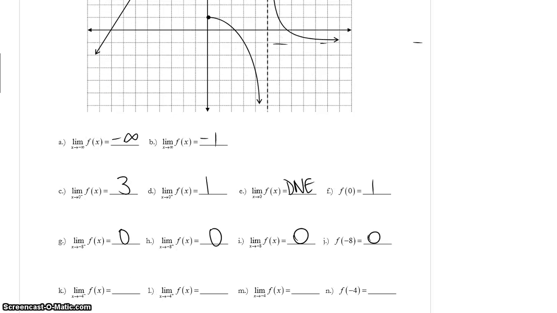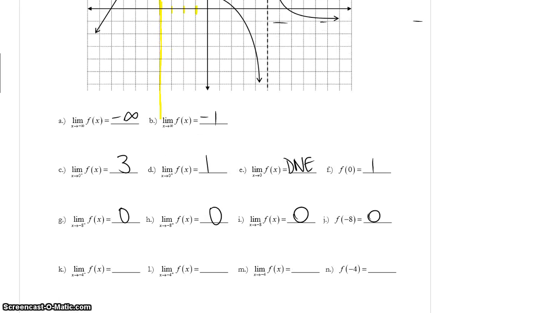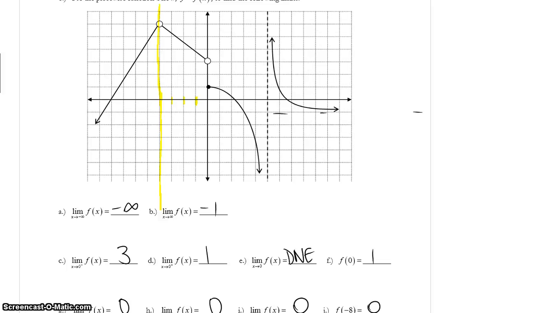And our next one is the limit as x approaches negative 4. So let's see where negative 4 is. We've got 1, 2, 3, 4. So here's my negative 4. As x is approaching negative 4 from the left, you get 1, 2, 3, 4, 5, 6. You get 6.